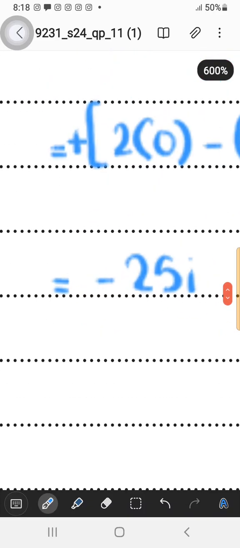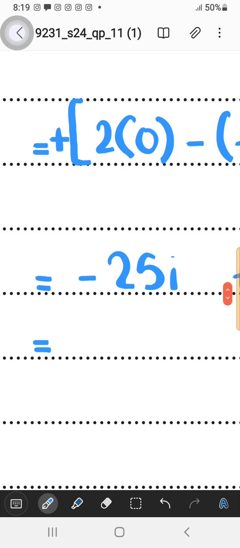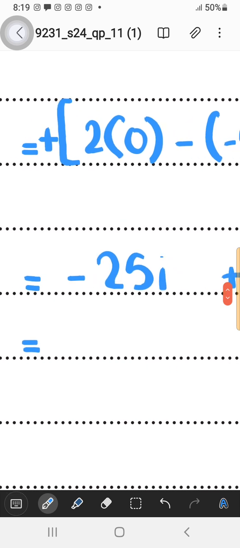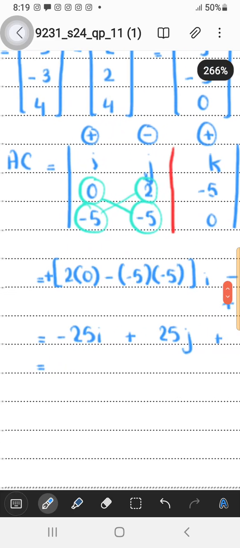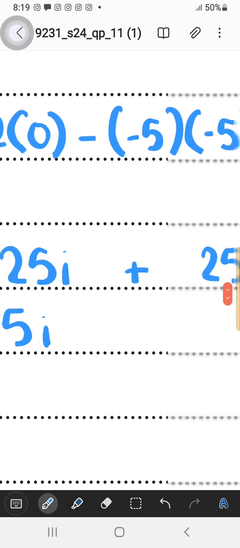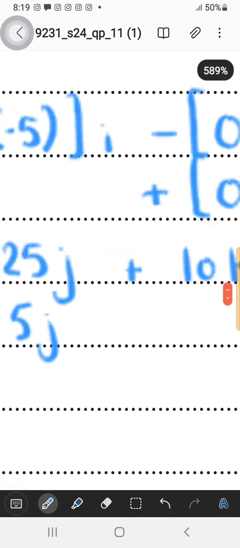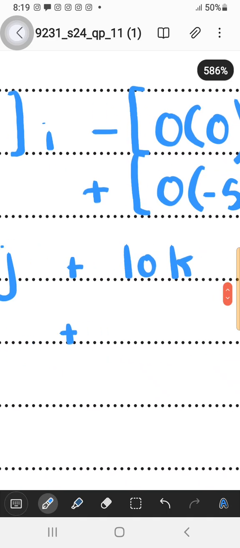if we notice, we can take out common 5. We can take out 5 as a common. If we take out 5 as a common, so here is negative 5i, here is plus 5j, and here is plus 2k.